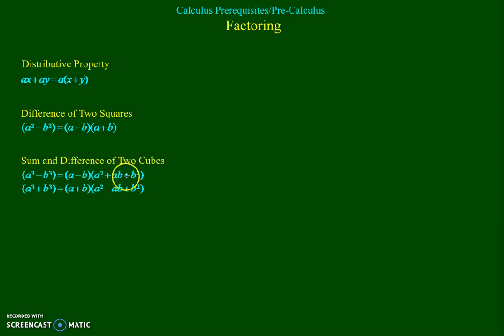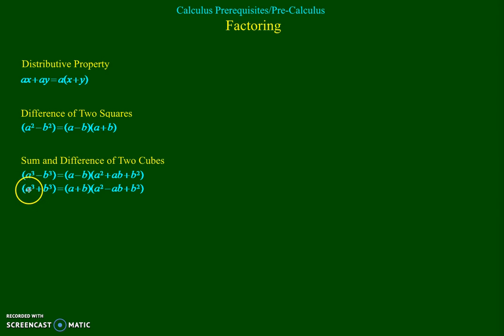always a plus sign over here, and the second term squared. So again, that's the first term squared, right here. The opposite sign, the two terms multiply together, a times b, with that opposite sign from this sign, and then the second term squared. Same thing works for the sum of two cubes.